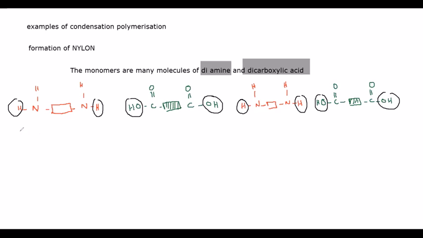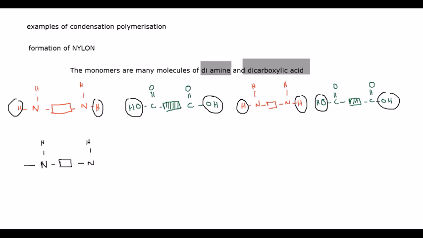So we just remove H and OH. If I remove this H, there will be nitrogen, this hydrogen, then this box represents a carbon chain, then nitrogen and hydrogen. And you can see this H and OH being removed.